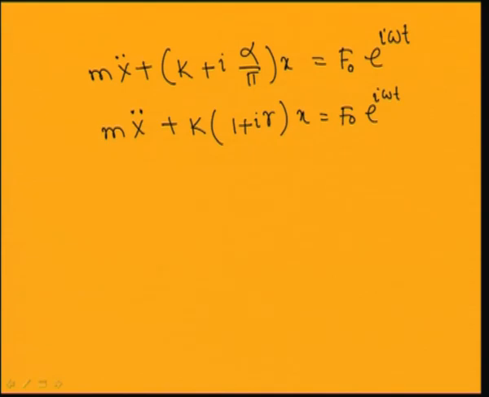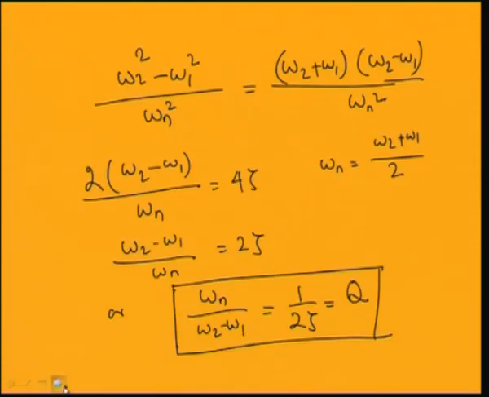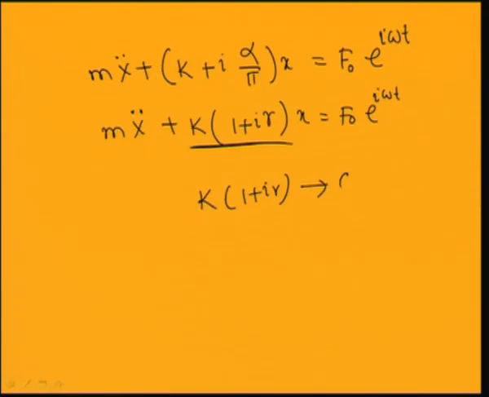In this case this term, that is k into (1 plus i gamma), is called the complex stiffness, and gamma is the structural damping factor. So, this is the complex stiffness of the system, and this gamma is known as the structural damping factor.